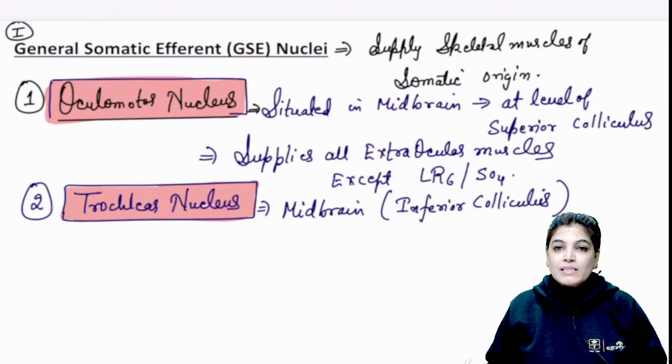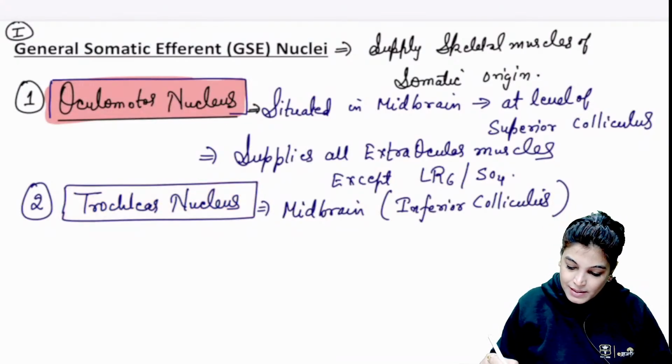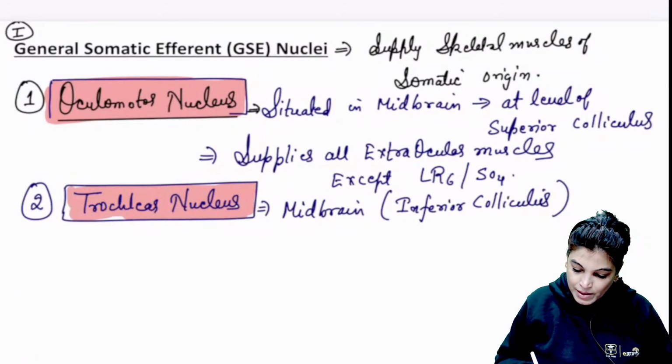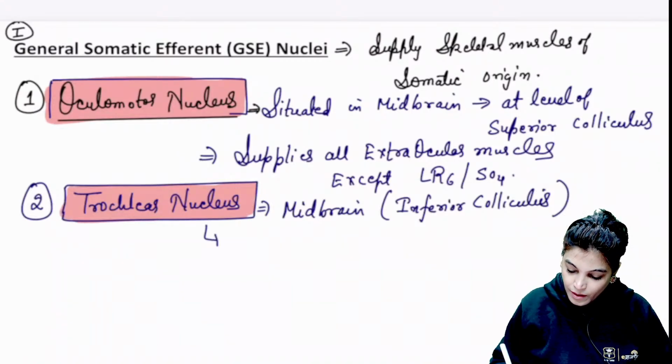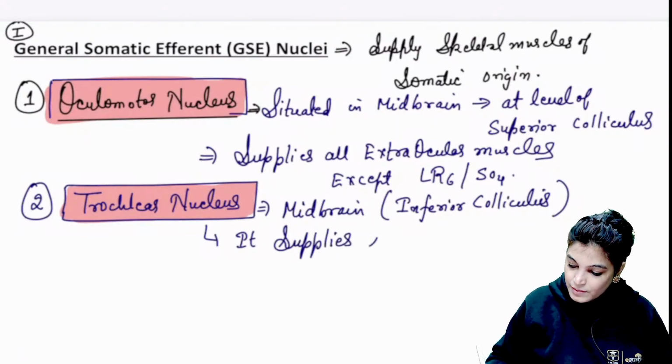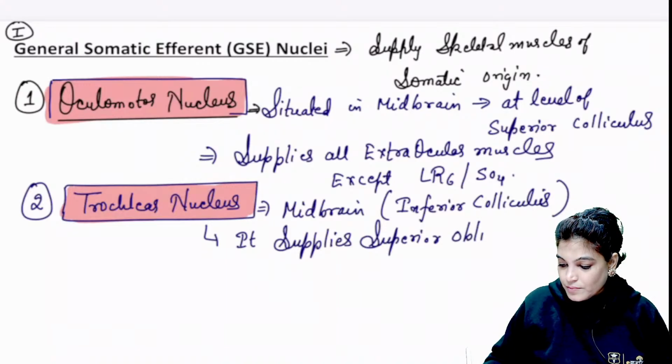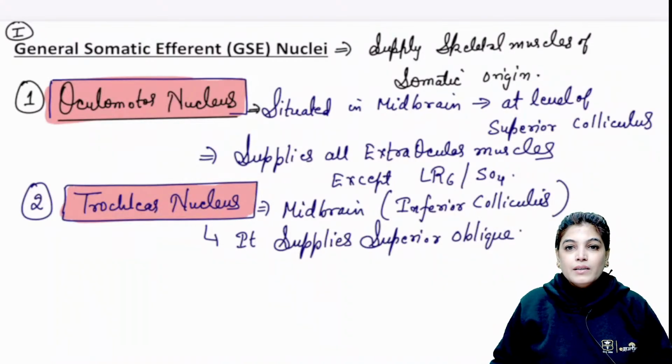What is the name of that muscle? Superior oblique muscle. It supplies the superior oblique muscle.